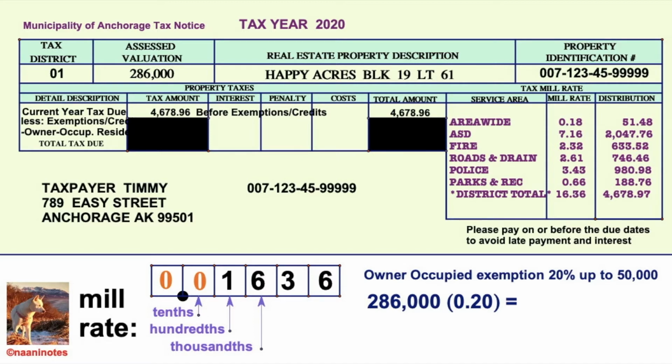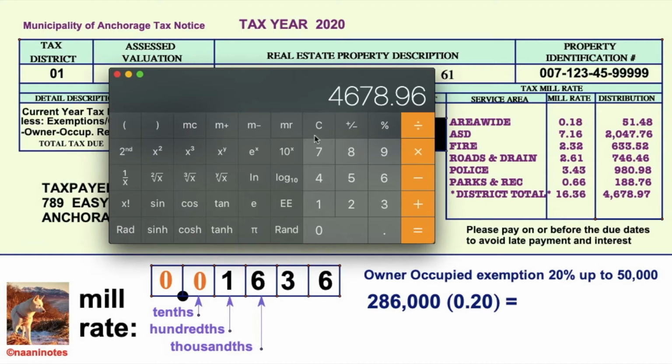So let's calculate this. I'm going to take that same number back in memory. Let's go back there. So we keep going back to the price of the, oh, I hit the clear. There's a mistake, 286,000. Yeah, it wasn't that bad. I'm going to multiply it times 20%. 20% is 0.2.